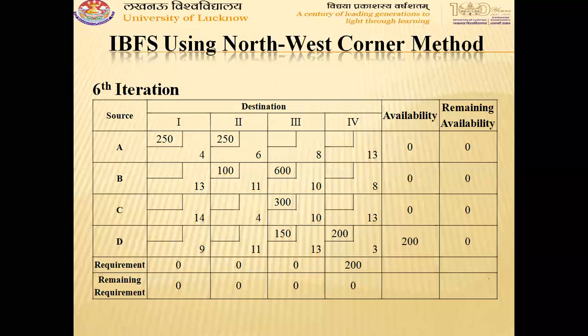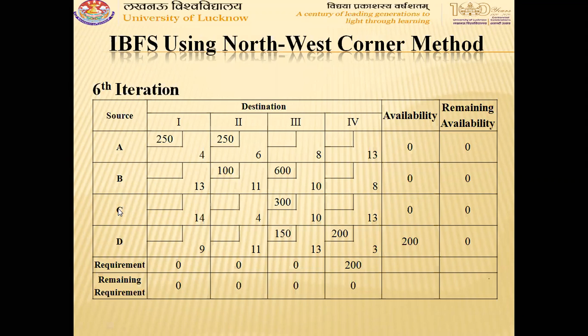You can check the second condition which we have proved: at any stage of a feasible solution of a transportation problem, there will be m plus n minus 1 basic variables. That means there should be m plus n minus 1 allocations, where m is the number of rows and n is the number of columns. Here there are 4 rows and 4 columns, so m equals 4 and n equals 4.